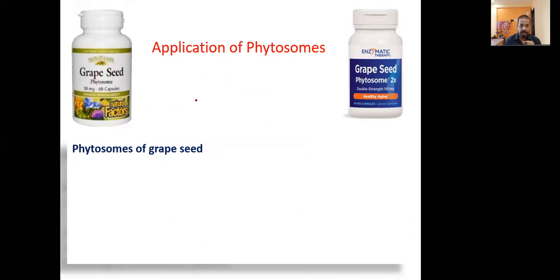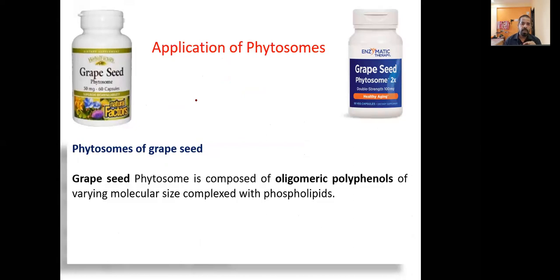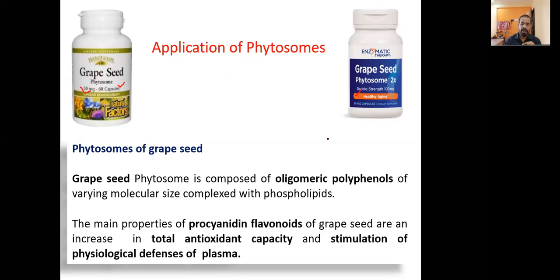Then the second application, that is the phytosomes of grape seed. It is available in capsule form. So the phytosomes are converted into capsule form. Double strength 100 mg grape seed is there for healthy aging. It consists of oligomeric polyphenols of varying molecular size complexed with the phospholipid, and the main properties of flavonoid of grape seed are an increase in the total antioxidant capacity and stimulation of the physiological defenses of the plasma.